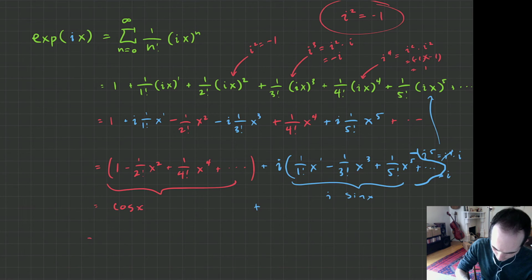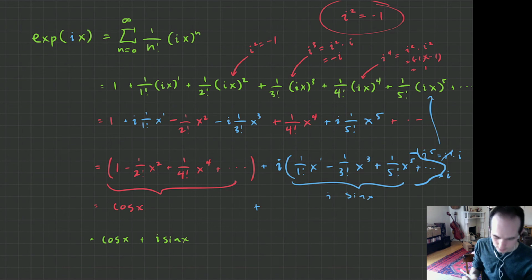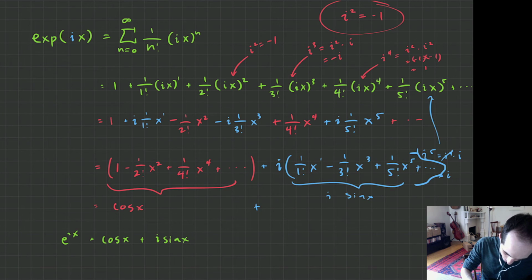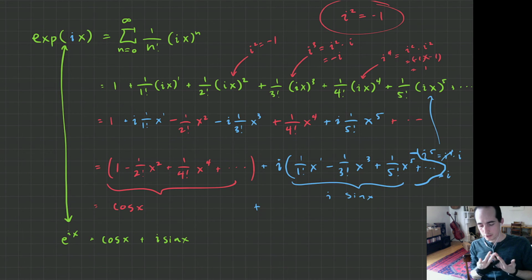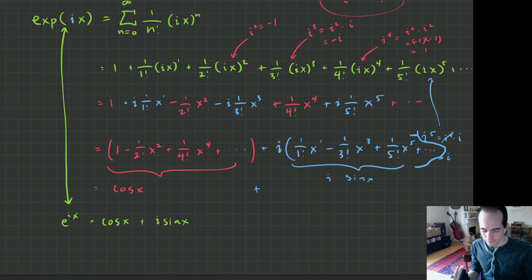If I want to write it a little more nicely, and maybe I'll go back to green, I've got cos of x plus i sine of x. And that's what e to the i x is. So yeah, there it is. So the exponential function, the cosine and sine functions, are all intertwined and part of the same big picture.